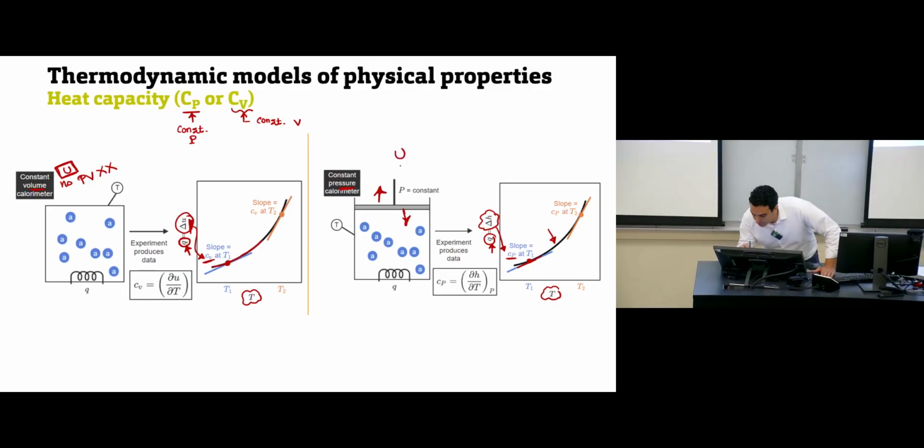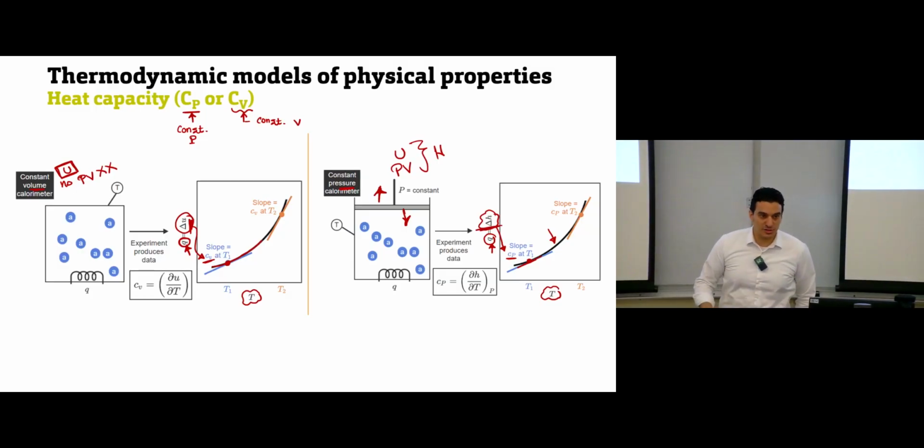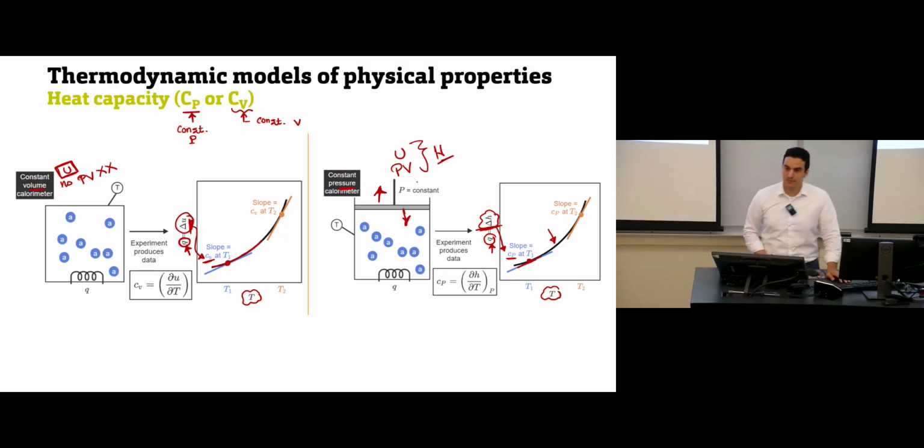So here we have internal energy, here we have PV, and both of them together can be combined to represent enthalpy. So this is why we have CP for the experiment that is conducted at constant pressure. We have the PV term, we have internal energy, so this is why we can have enthalpy.